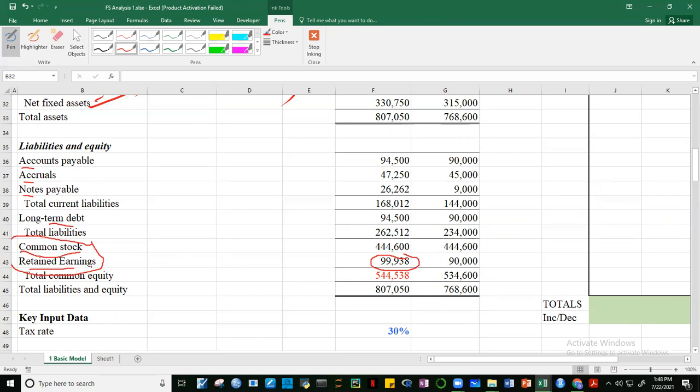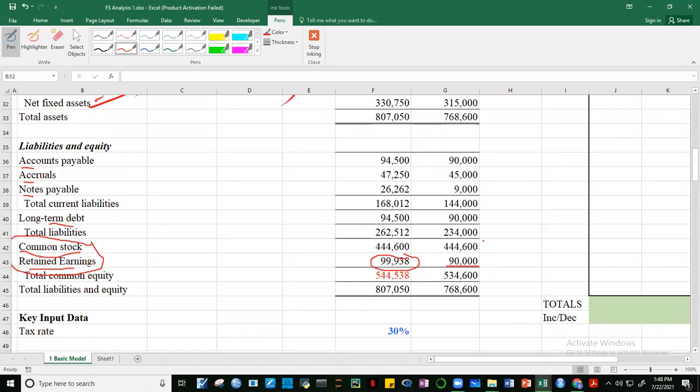That's very easy because it's cumulated. Retained earnings, cumulated. In 2019, we started with 90,000. Meaning on January 1, 2020, it was 90,000, because that was the end of 2019. So at the beginning of 2020, January 1, retained earnings was 90,000.